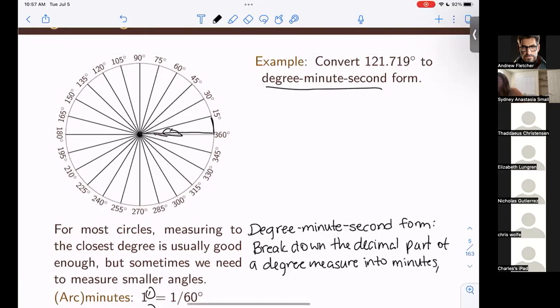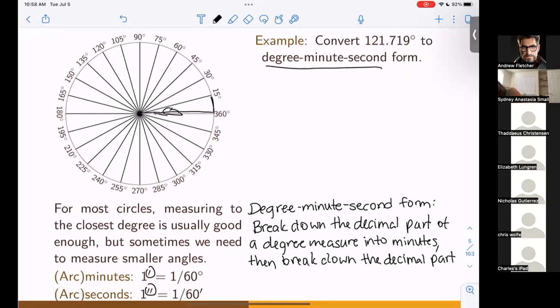Then once we have done that, we break down the decimal part of that into seconds. Okay, seems easy enough. Let's do an example.